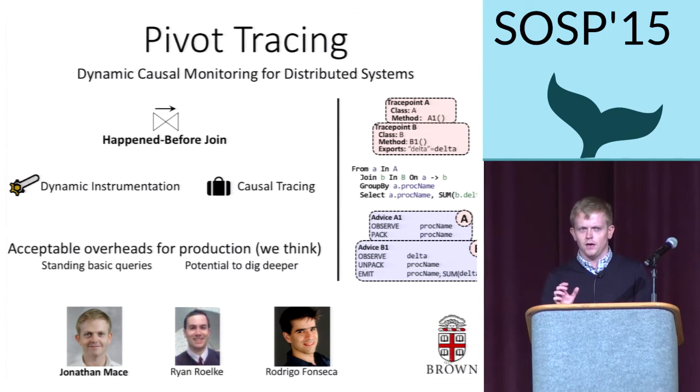We packed everything as tuples, and the paper's a little more specific about how we do it. But we definitely advocate for not tightly coupling things and just having this generic propagation of bytes that can be interpreted by a tracing application that sits on top of the system. Does that answer your question?